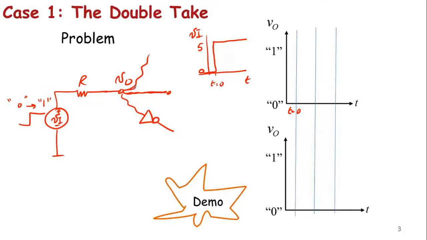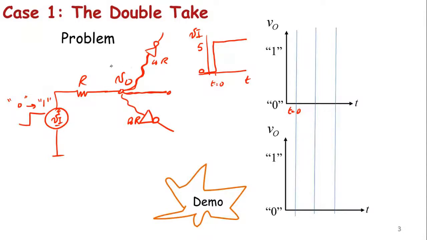And let us say that this part goes to, for example, some other gate, and there is an infinite resistance at the input of the gate, and so the input resistance here is infinity as well. So given such a scenario, my input step that goes from 0 to 1 or 0 to 5 volts, I should see the same thing reflected at V0.